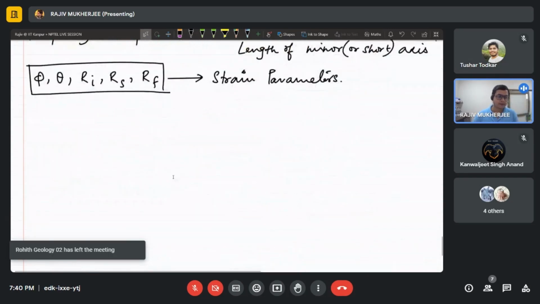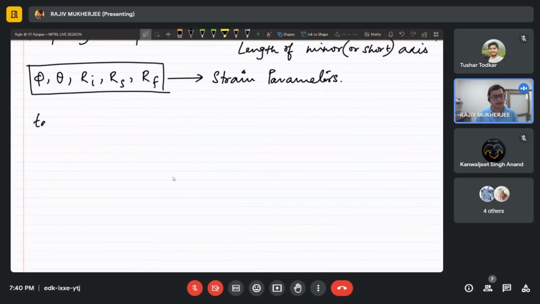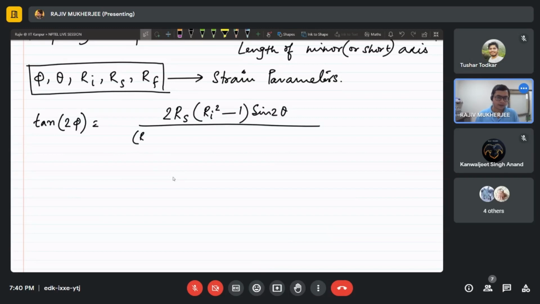This can be written as 2 Rs times (Ri square minus 1) sine 2 theta, divided by (Ri square plus 1) times (Rs square minus 1) plus (Ri square minus 1) times (Rs square plus 1) times cos 2 theta. This is equation 1. And eventually we can calculate mathematically Rf as a function of theta and phi.